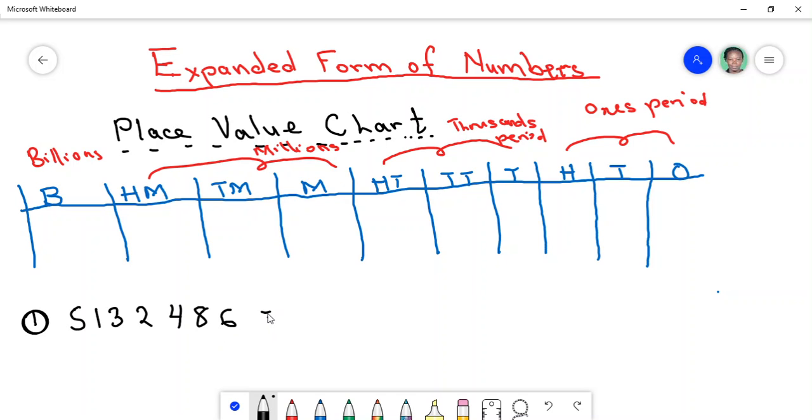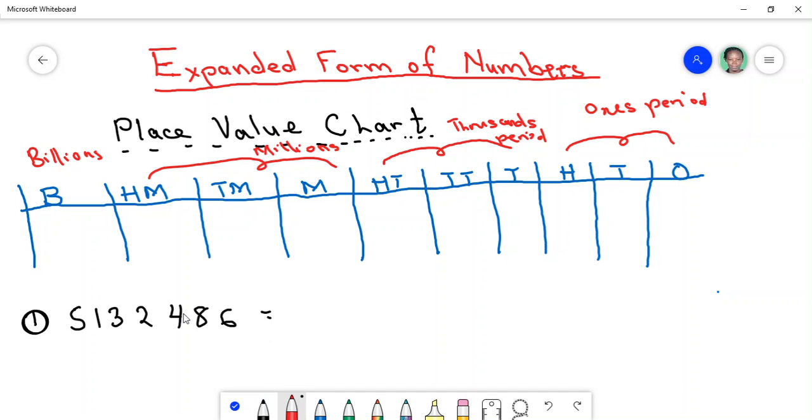It's very important, like I said, if you know the place and the place value of each of the digits, then it will be easier to expand the numbers. So let's try putting it in the ones, thousands, and millions columns.